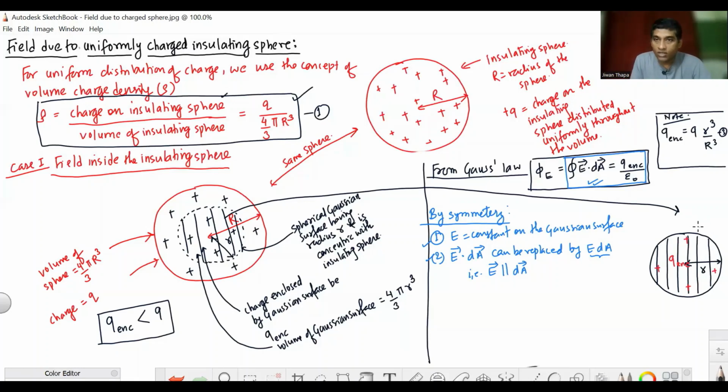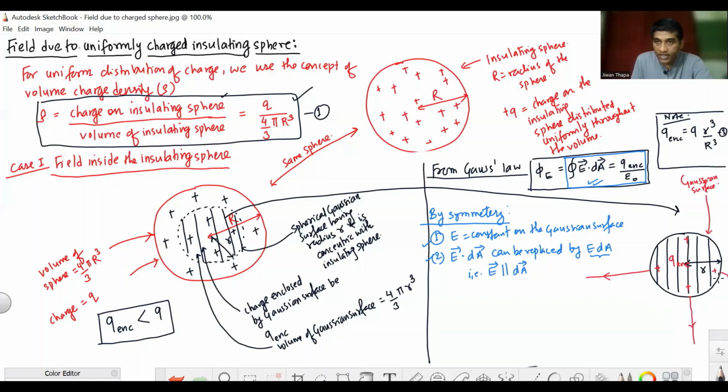This is a Gaussian surface. It is enclosing charge Q enc. And we know electric field due to positive charge is directed radially outward.